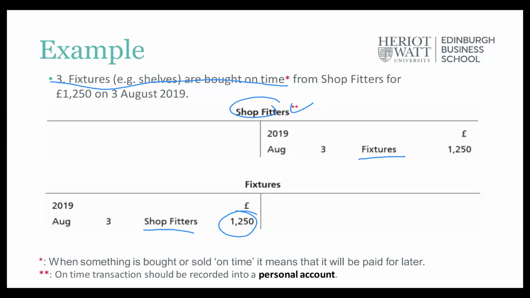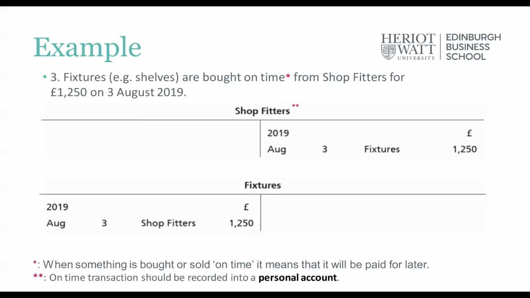Now, here is the message that you should take home. Here is the take-home message. When you buy on time, when something is bought or sold on time, it means that it will be paid for later.